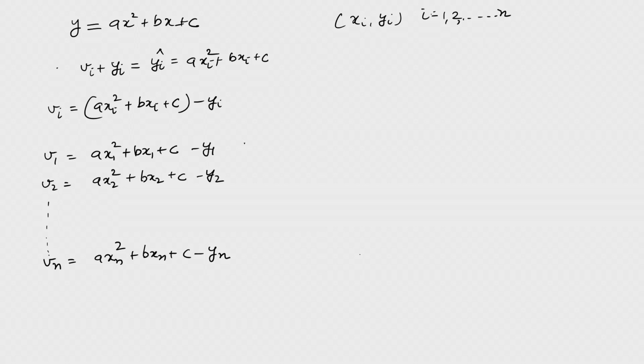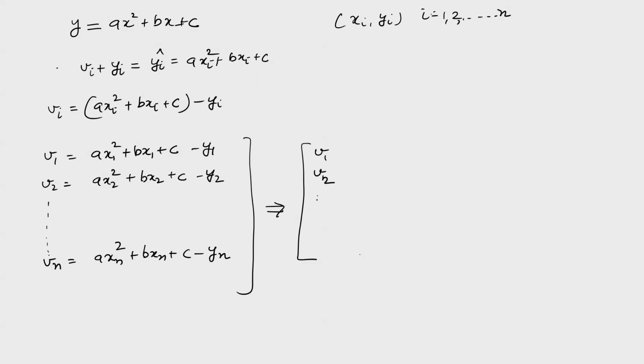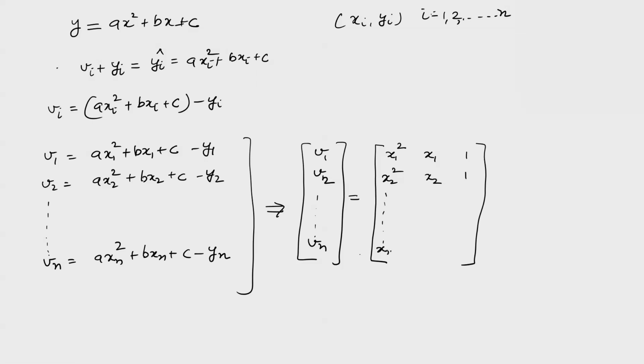I hope you agree with this, and using this I am writing the matrix form: V1, V2, Vn equals x1 square, x1, 1, x2 square, x2, 1, and xn square, xn, 1, and then here I can write three variables a, b, c. They are unknowns.